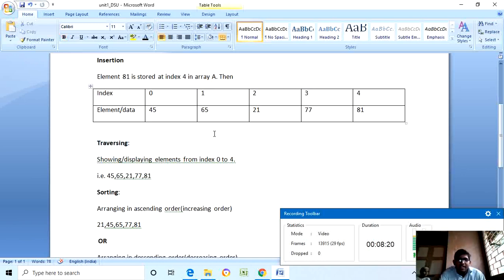So traversing in array A means displaying the elements present in array A. The elements can be displayed sequentially from the 0th index up to the 4th index: 45, then 65, then 21, then 77, then 81. This is called traversing in a data structure.